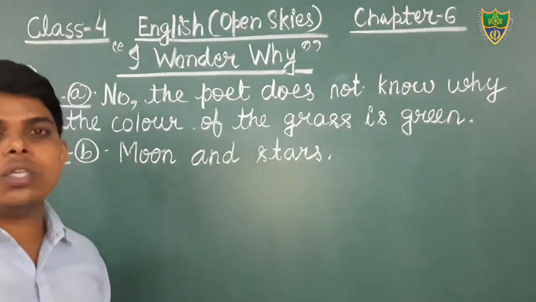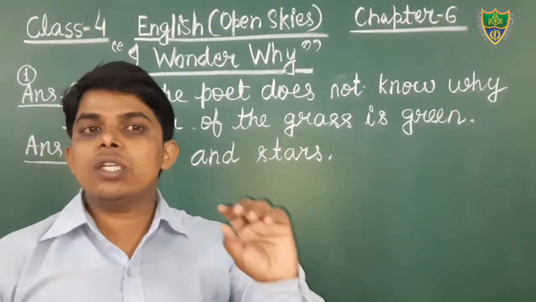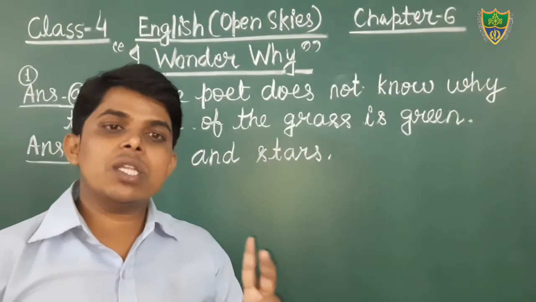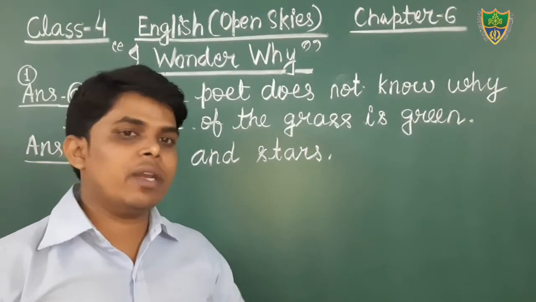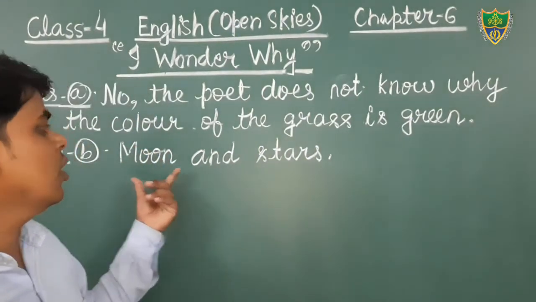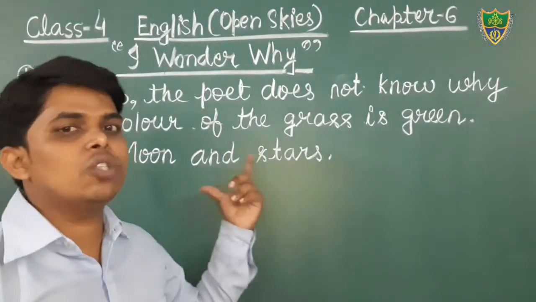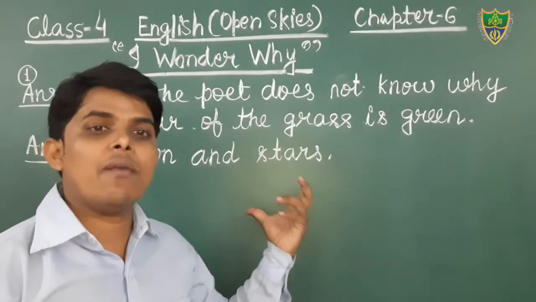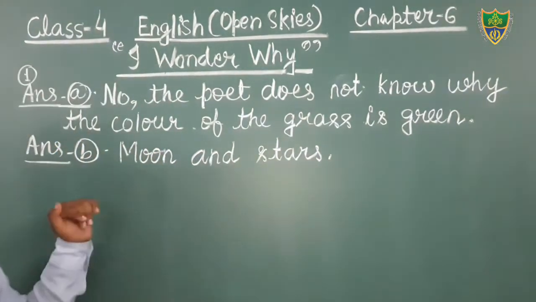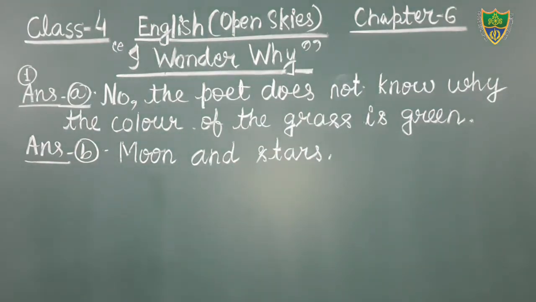The question was to mention the name of two heavenly bodies which are given in the poem. That is moon and stars. These two are known as heavenly bodies, created by God. Okay, students? Just write down moon and stars. This is the answer of question number B.